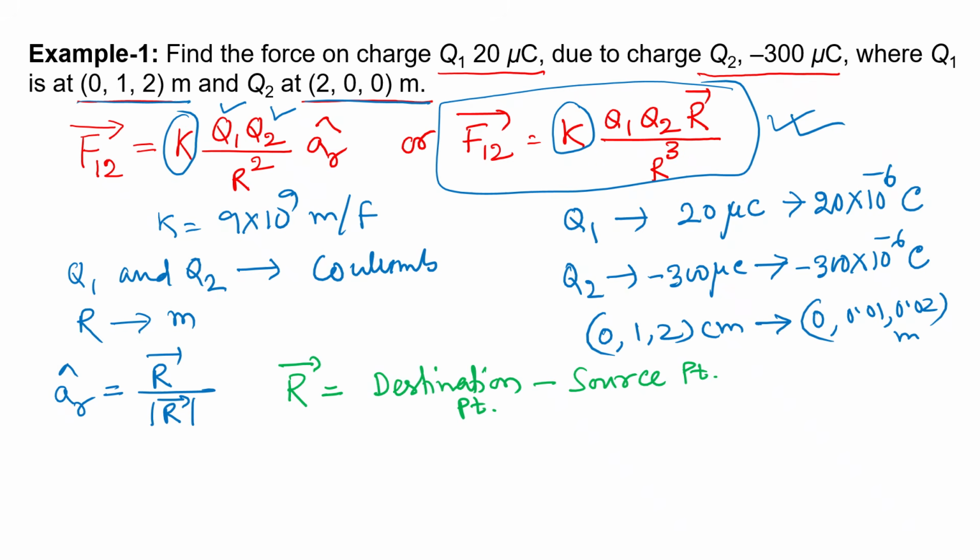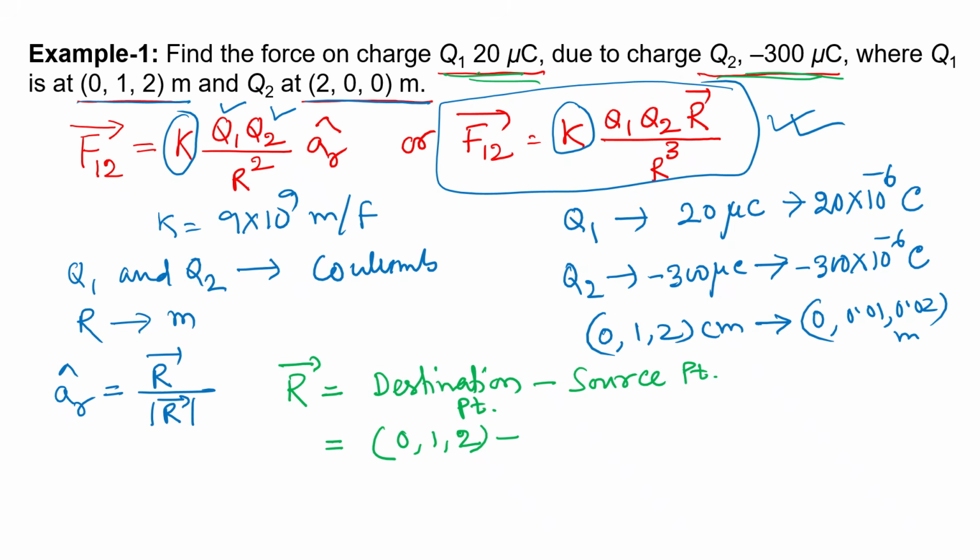Now what do I mean by destination point and source point? It means at which point I want to calculate my force. I want to calculate my force on Q1, which is located at 0, 1, 2. So I'll first write the coordinate of 0, 1, 2, minus, since I want to calculate the force due to charge Q2, Q2 I'll consider as the source and Q1 as the destination.